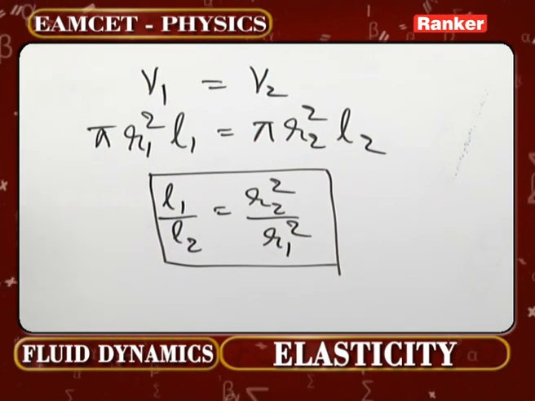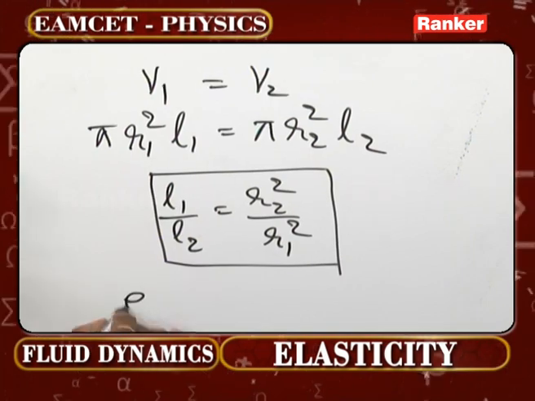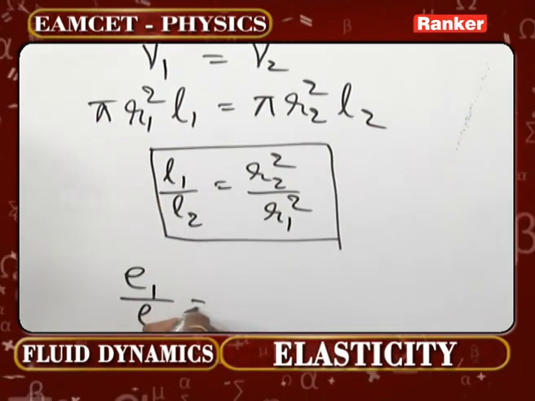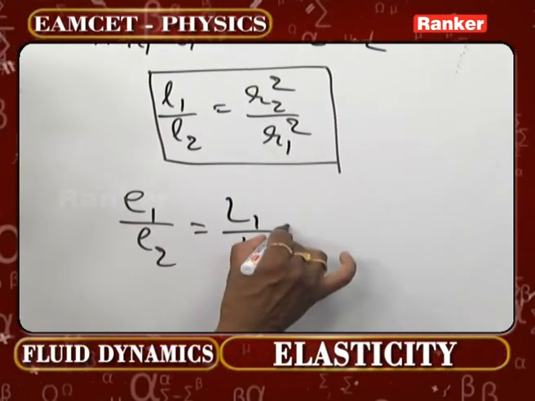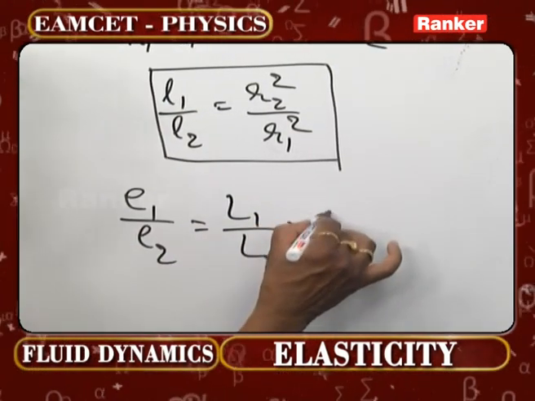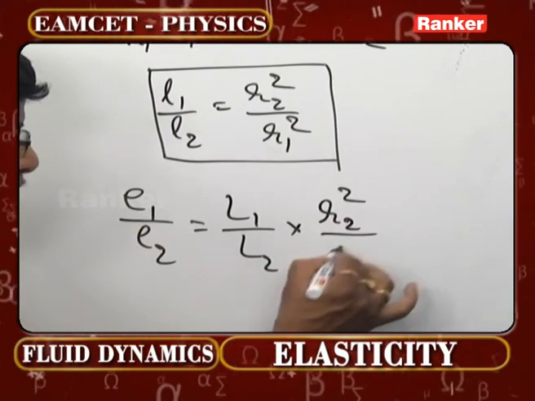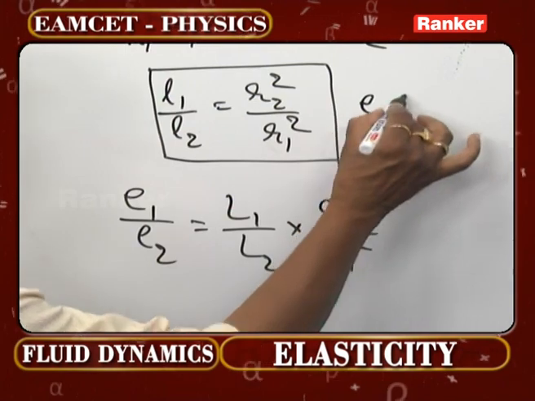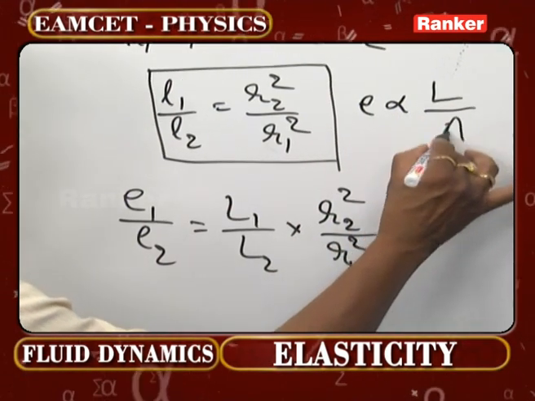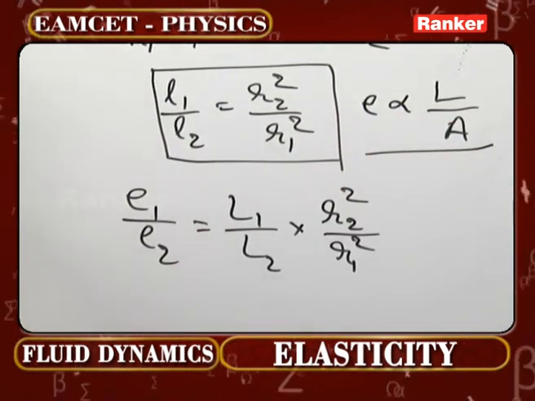Now the elongation produced will be in the ratio of, is the question, elongation E1 by E2. It is now depending on the ratio of their initial lengths and inverse ratio of their squares of the radii, because elongation is proportional to L and inversely proportional to area of cross section.